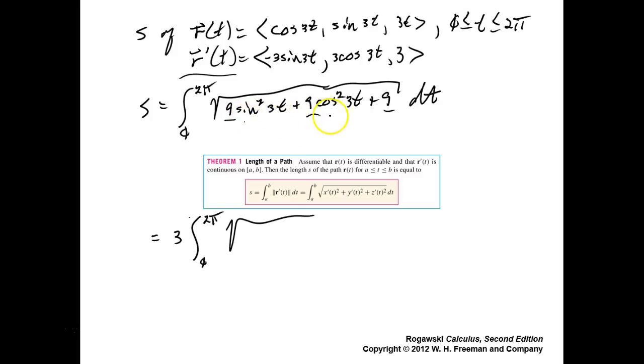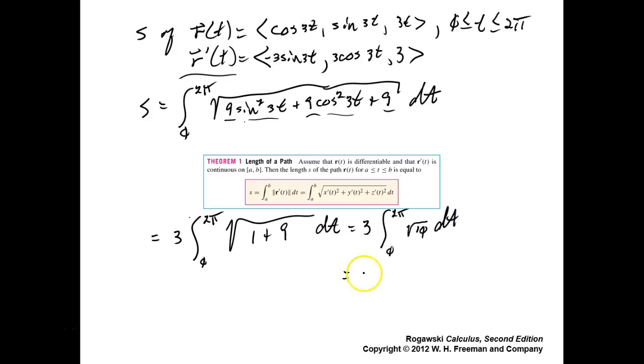Sine squared 3t plus cosine squared 3t, which is 1, plus 9 dt. And what does that give you? 3 integral of 0 to 2 pi of the square root of 10 dt.